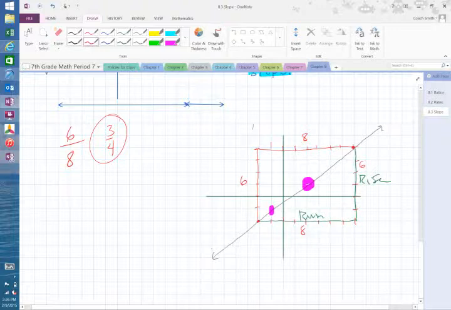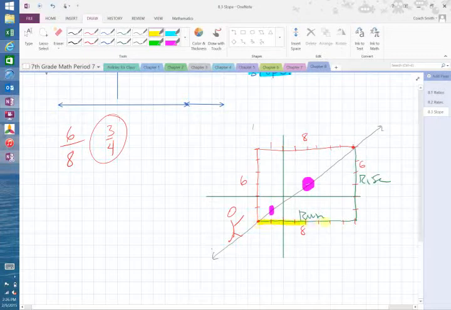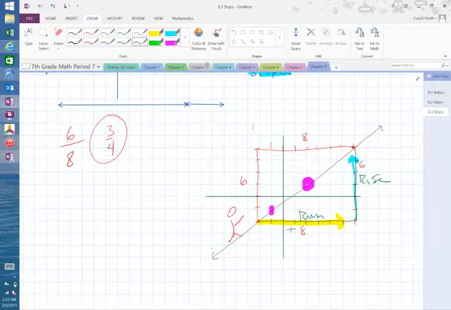And is it positive or negative? Draw your little guy. Positive, because he's walking uphill. Well, you're supposed to figure it out by the numbers. If I move this way, right, is that positive or negative? Positive. So that would be a positive 8. Then I moved this way, which would be positive 6.